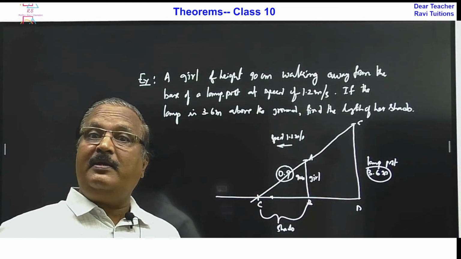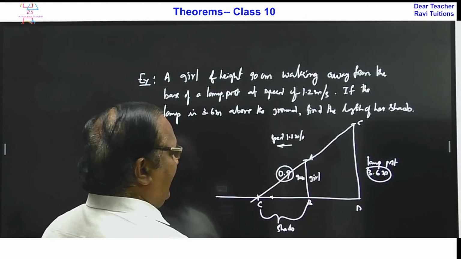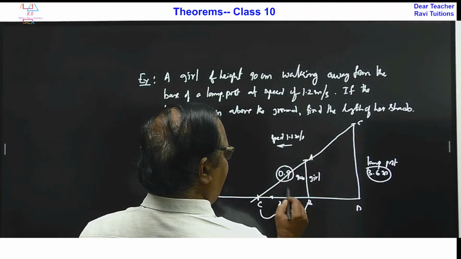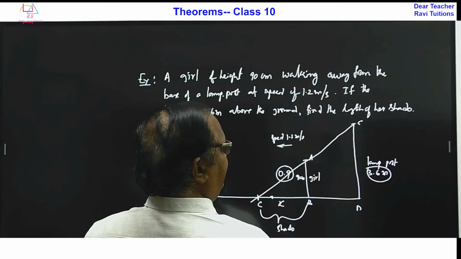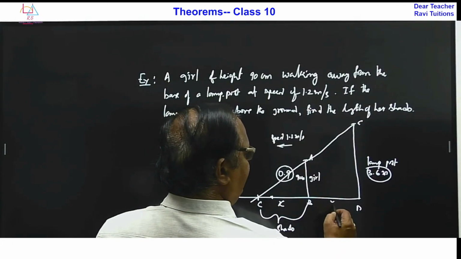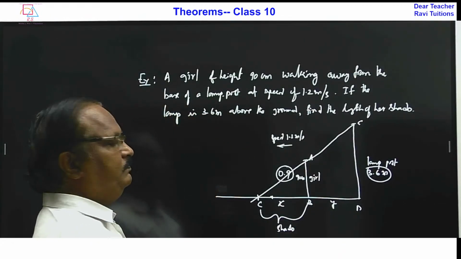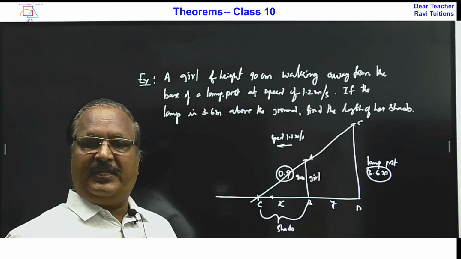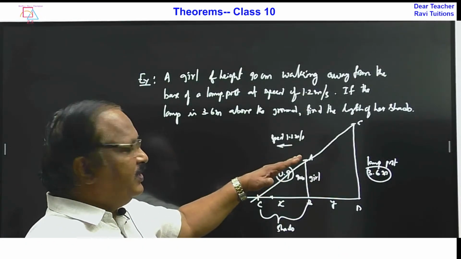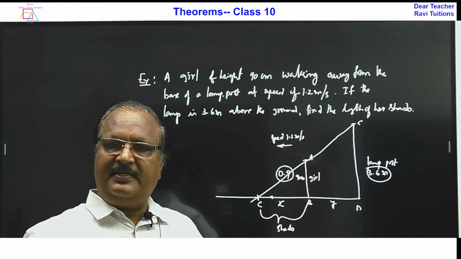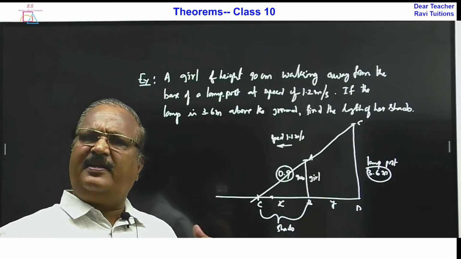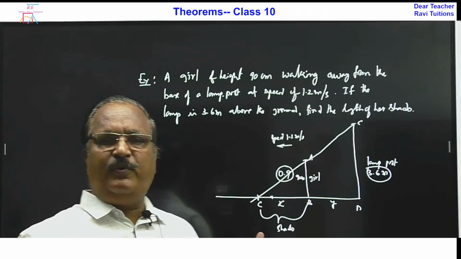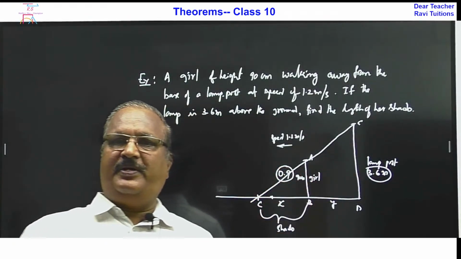Let us say this is X, and this is Y. Then you take the ratio of corresponding sides and you will get two equations and then solve it. You will get the shadow.